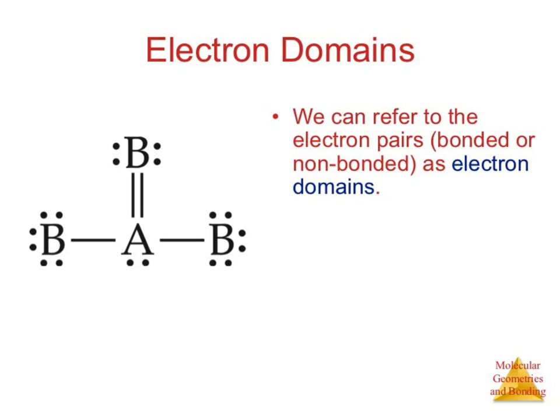So our electron domains. Okay, if we take a look at the number of electron domains, what is the answer to that question? How many electron domains are there? I heard 4. I heard 3. Okay, 12.